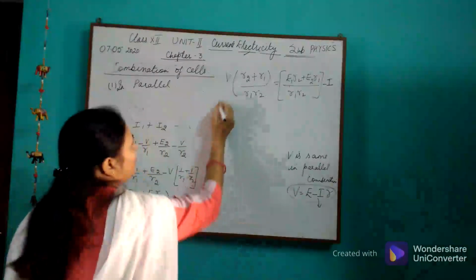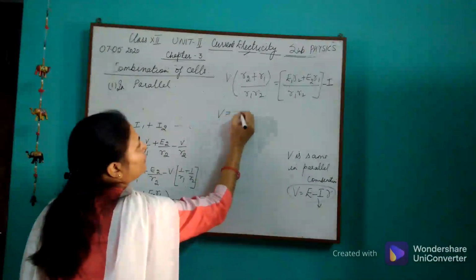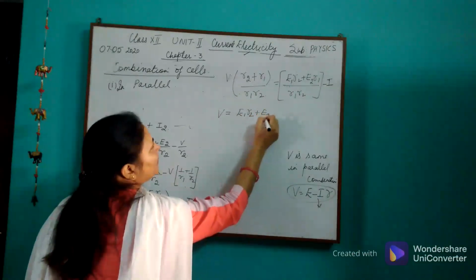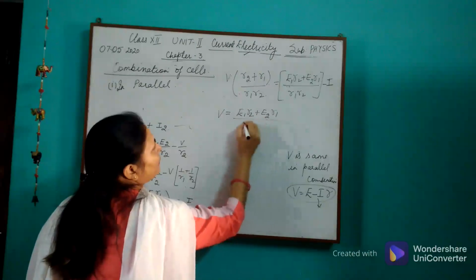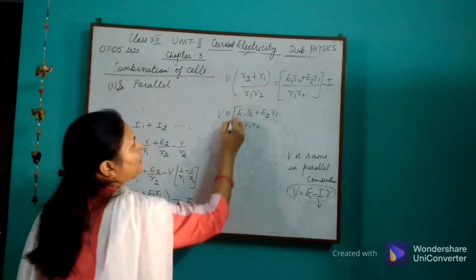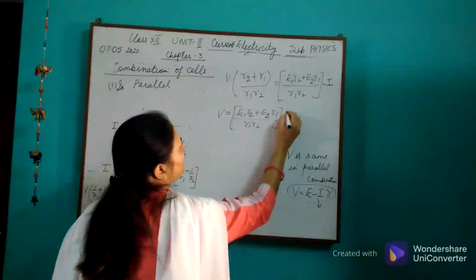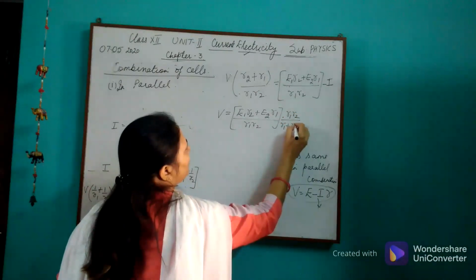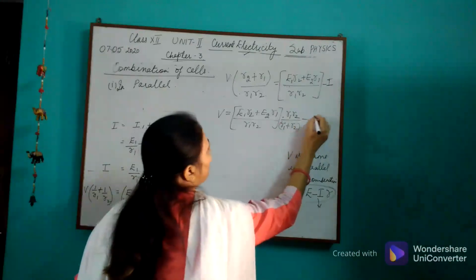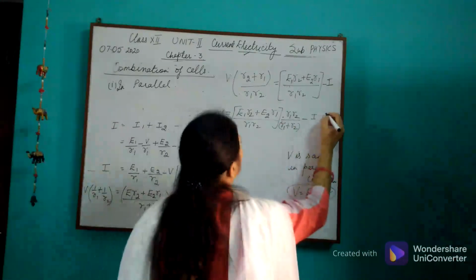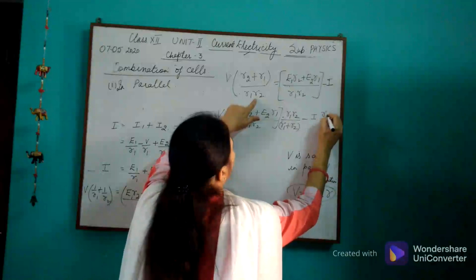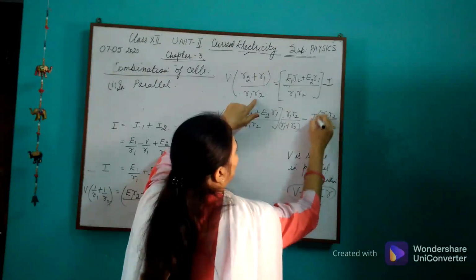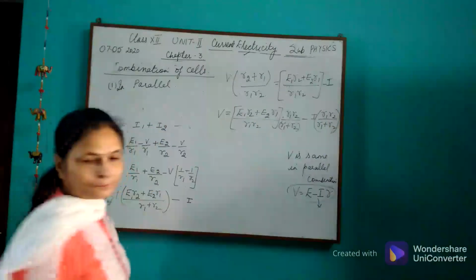So V is equal to E1 R2 plus E2 R1 upon R1 R2, multiplied by R1 R2 upon R1 plus R2, minus I times R1 R2 upon R1 plus R2.